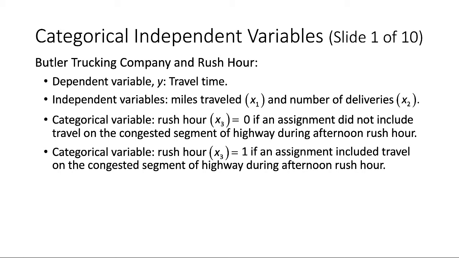The previous independent variables we have considered are miles traveled and number of deliveries. They both are quantitative. But this new variable, rush hour, is categorical and requires us to define a new type of variable called a dummy variable. A dummy variable is a variable used to model the effect of categorical independent variables, and it has only the value 0 or 1.